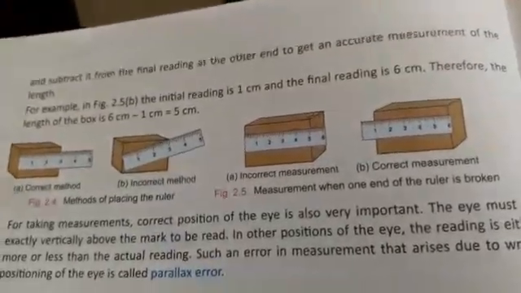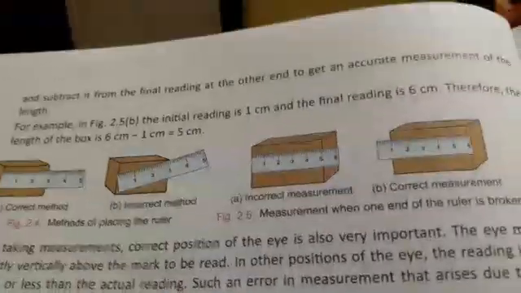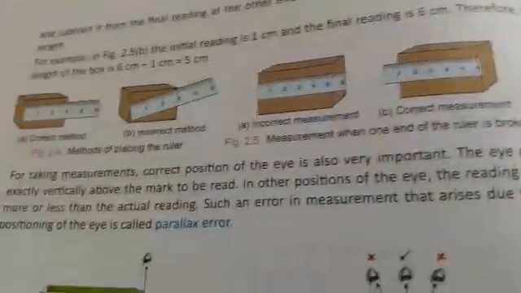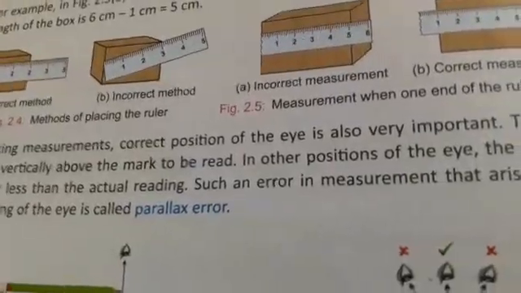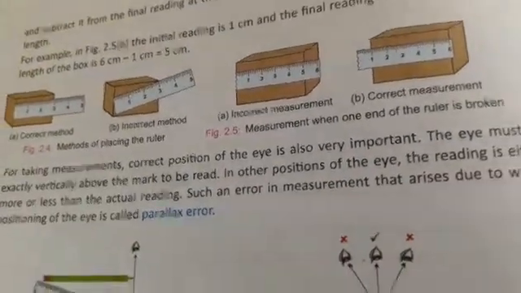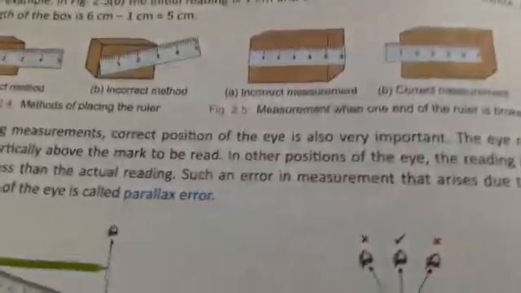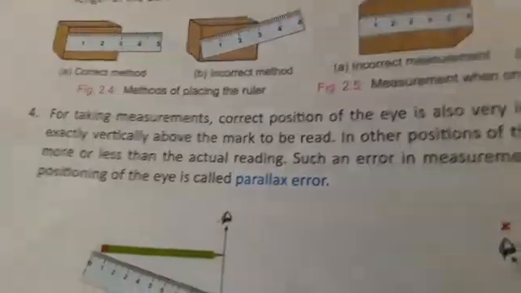For example, in figure 2.5, the initial reading is 1 centimeter and the final reading is 6 centimeter. Therefore, the length of the box is 6 centimeter minus 1 centimeter, which is equal to 5 centimeter.